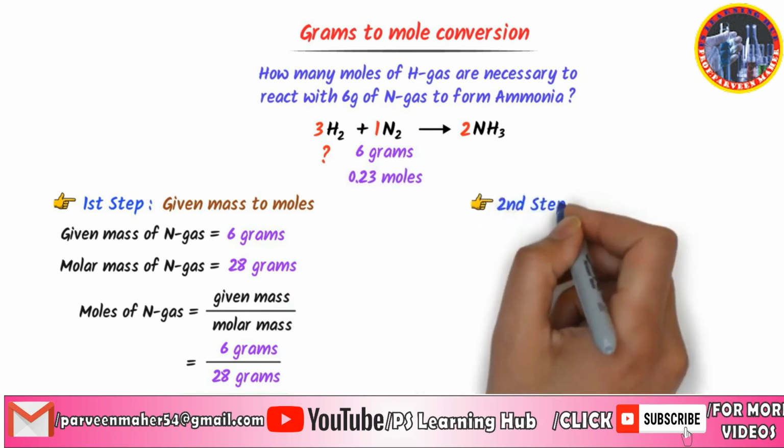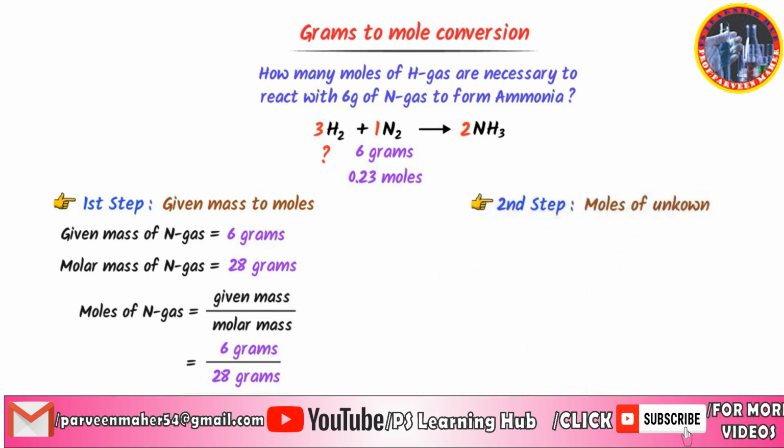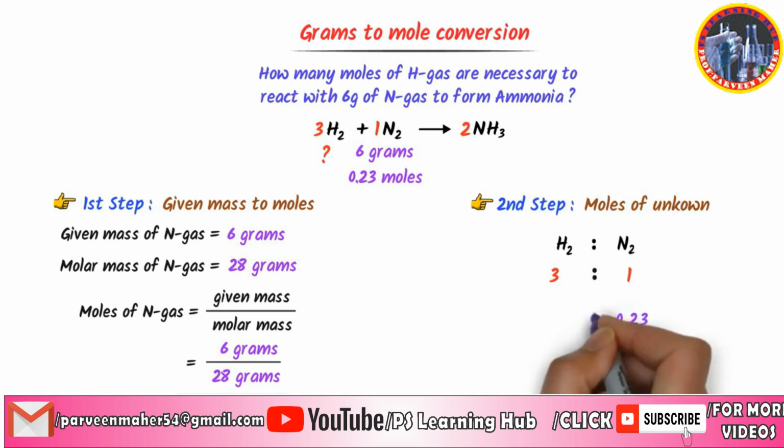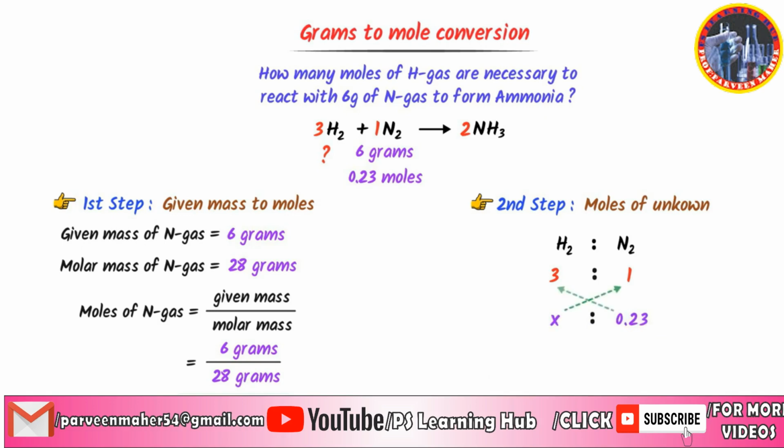In the second step, I will find the number of moles of the unknown species, like hydrogen gas. I establish the ratio between hydrogen gas and nitrogen gas. It is 3 to 1. We know that 0.23 moles of nitrogen gas react with x moles of hydrogen gas. I cross multiply them. 1 into x is equal to 3 into 0.23.